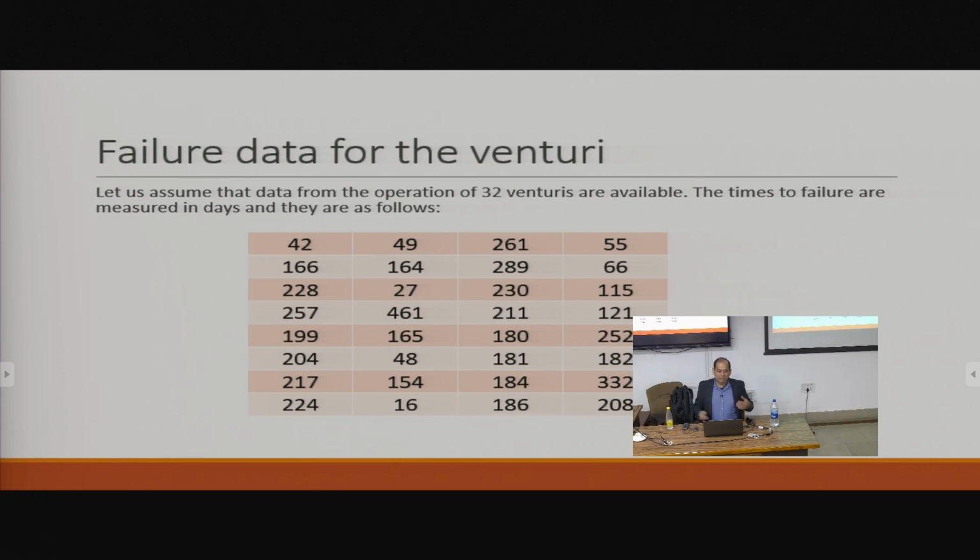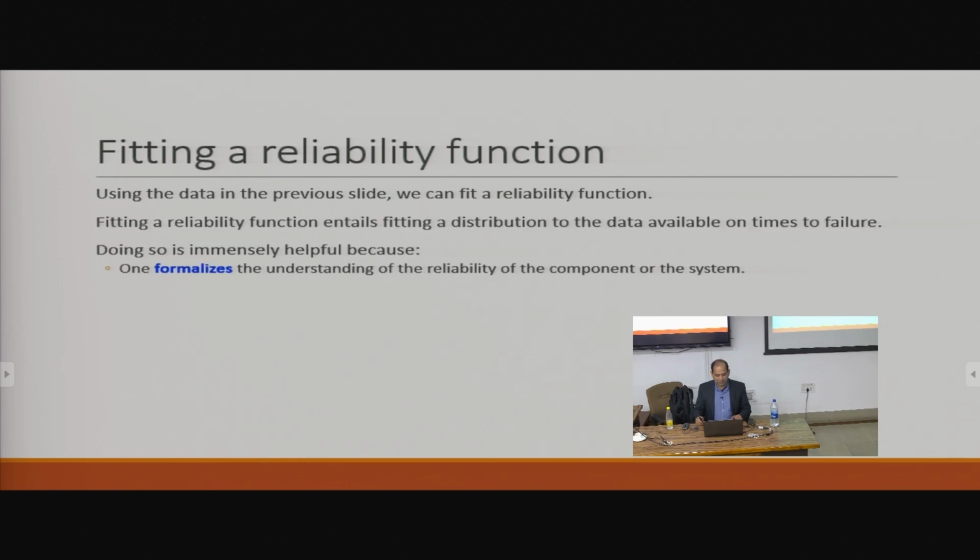The other thing that is critical, right? If you are really interested in warrantying a system and you said, okay, we'll warranty for 90 days. You want to know how many failed before 90 days. And luckily or unluckily, you don't have raw data, but you can get that data.